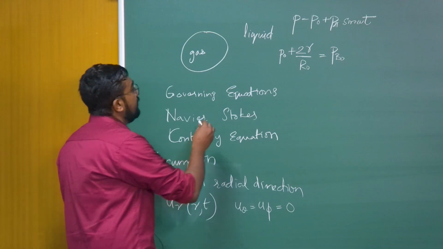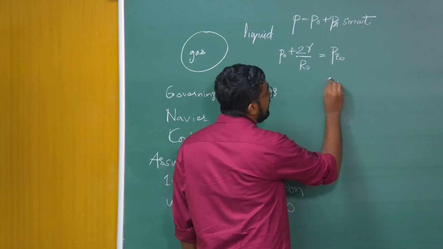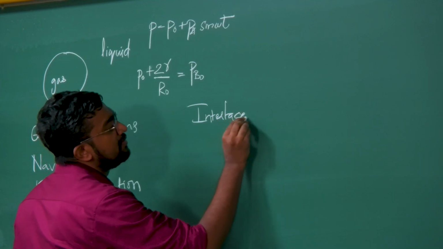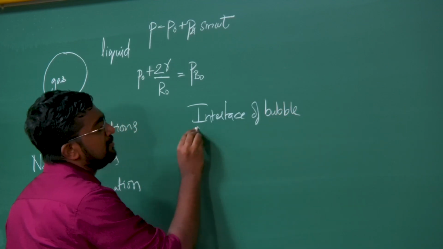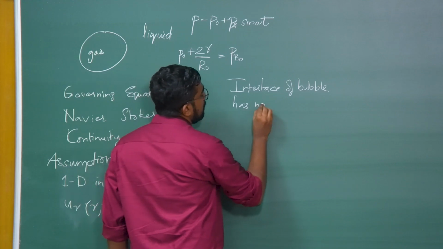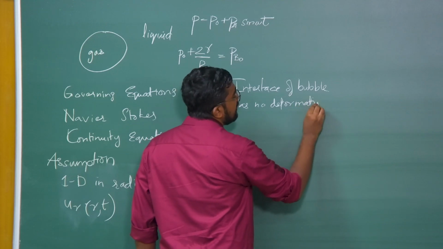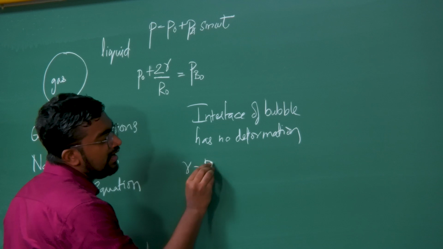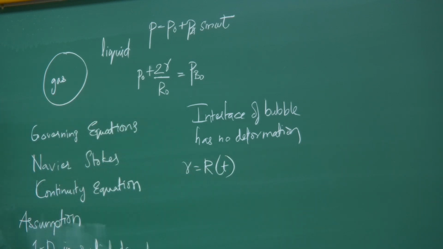No variation in the theta and phi directions means that the interface of the bubble has no deformation. So the equation of the bubble at any given time we can write as r equal to R of t, where capital R is the radius of the bubble that changes with time.